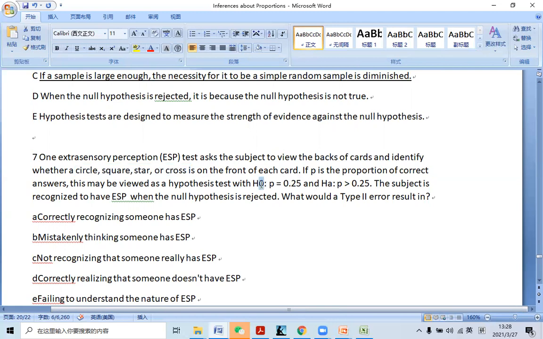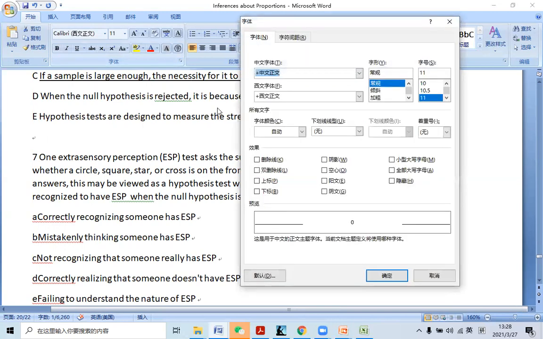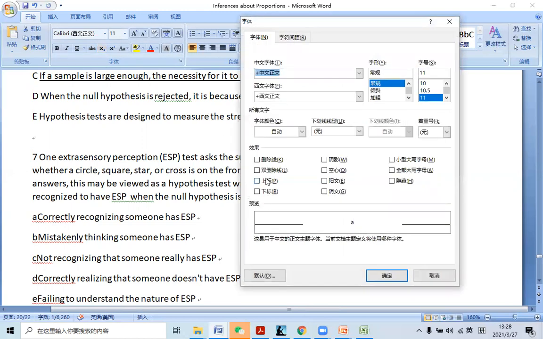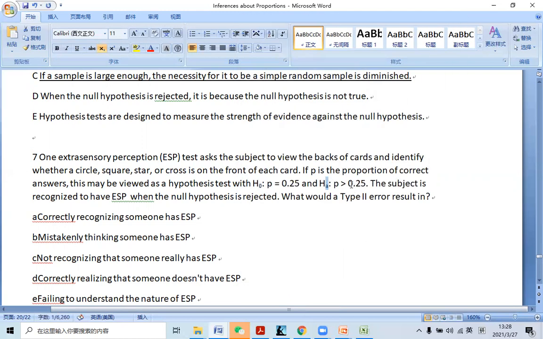That's the null hypothesis. The null hypothesis says the extrasensory sense is not real; when you are right, you're just guessing. The alternative hypothesis says your hit rate is better than guessing, larger than 25%, larger than 1 in 4.